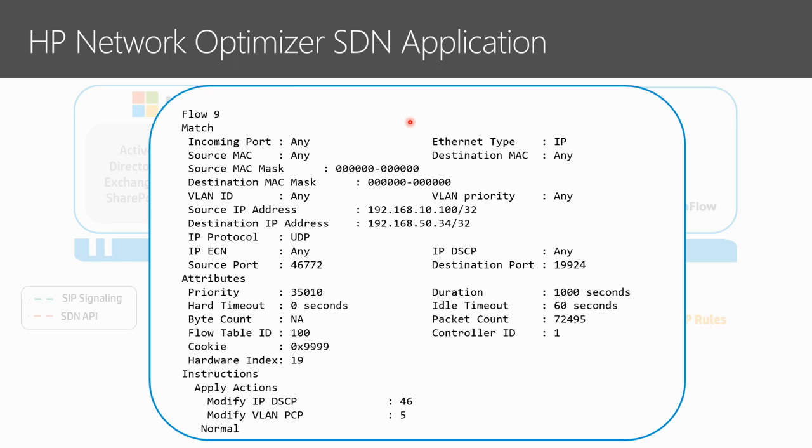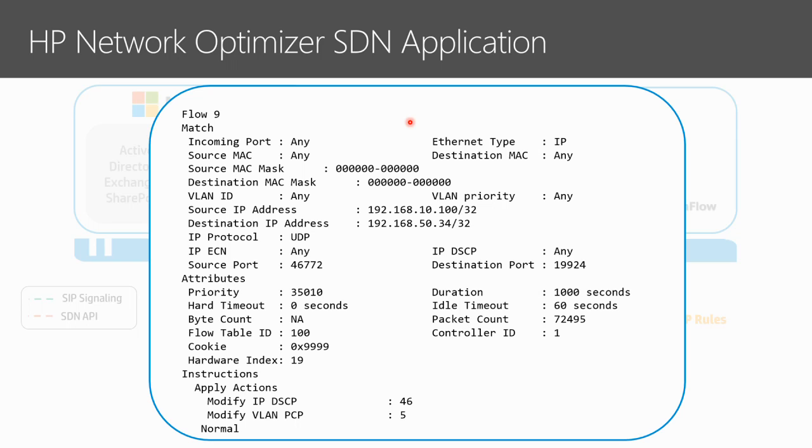We have the UDP protocol for RTP, and then we have source and destination ports, and some other information as well. And down at the bottom, it shows that DSCP value of 46 and the L2 priority of 5 are applied.